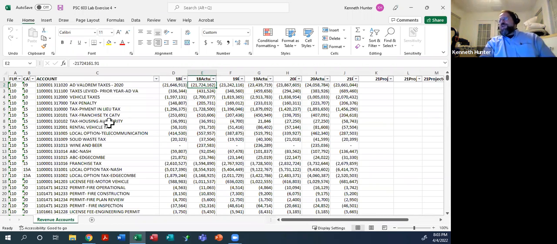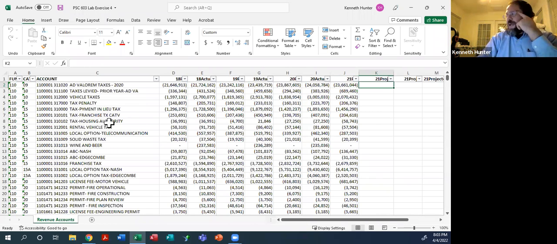What we need to do is use this to provide historic context so that we can project where revenues will be at the end of the current fiscal year, based on historic background and the actual revenues that we had collected as of the end of March of fiscal year 2021.